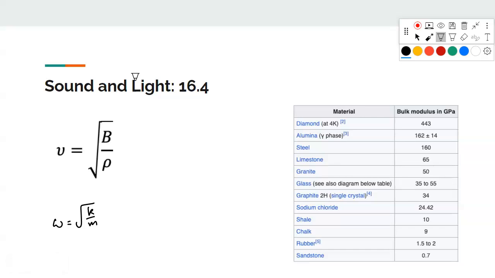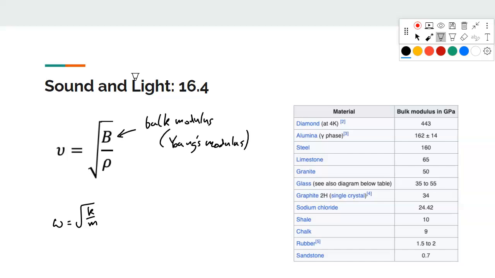As a result of this connection between oscillators and traveling waves, we get a really similar expression for the speed of sound in materials, where B is the bulk modulus, which in a solid is sometimes called the Young's modulus, which basically just tells you how stiff that material is on a molecular level.